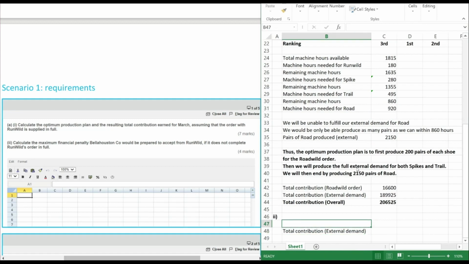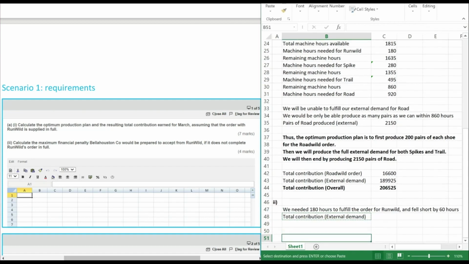So we'll mention this. We needed 180 hours to fulfill the order for Runwild and fell short by 60 hours. Let's move this down to fulfill our external demand for road.